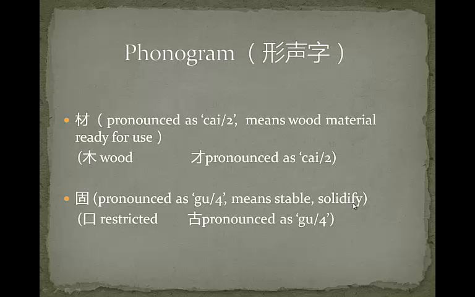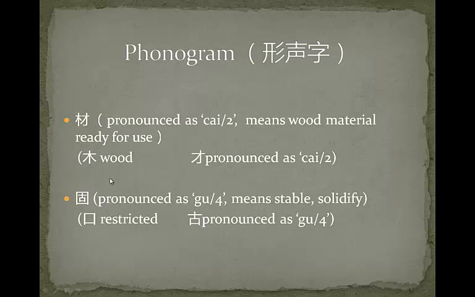Okay, and then we can deconstruct the character into the outer part and the inner part. The outer part, this radical, usually indicates restricted. So you can think of this part as indicating the meaning, which is restricted, cannot be changed, stable.